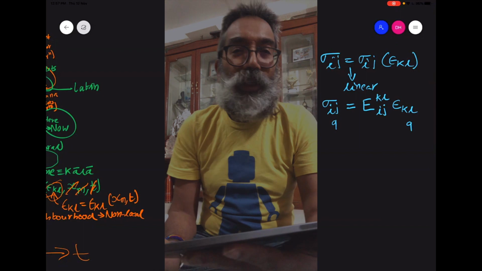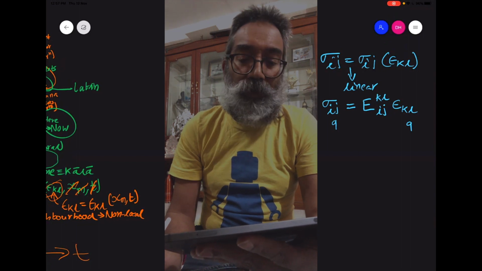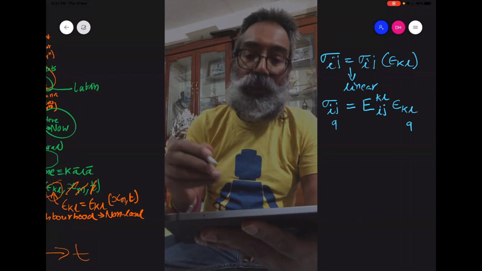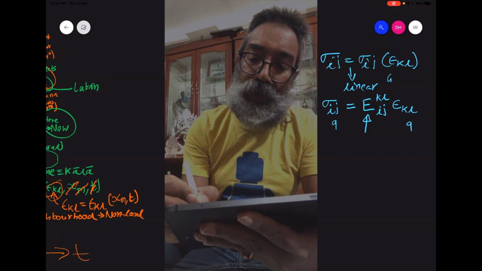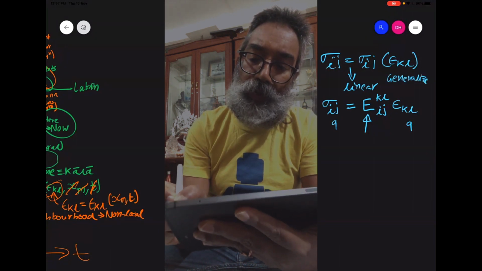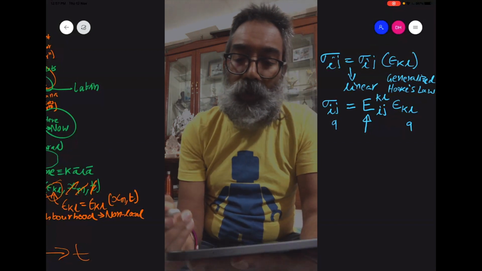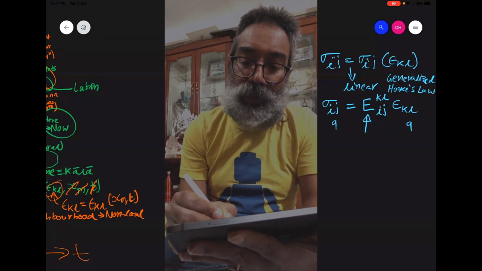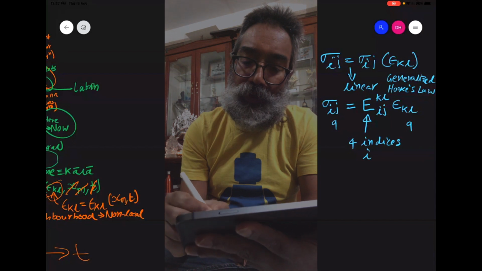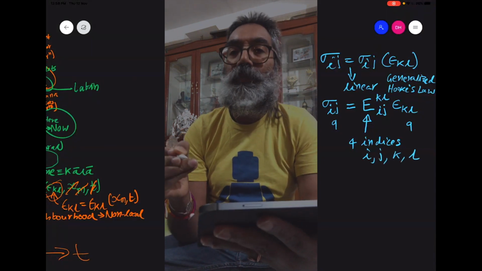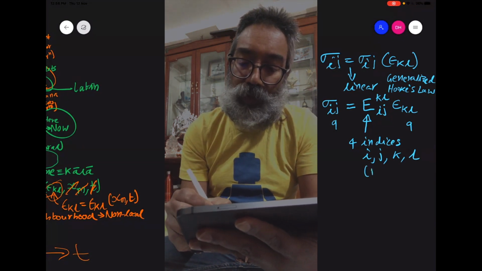Okay, so now there are a few concepts that I'm trying to introduce over here. Now you see that unlike sigma and epsilon, for which 2 subscripts were sufficient, this quantity E that we have introduced, which is basically nothing but a generalized Hooke's law, this particular quantity requires 4 indices, which are I, J, K and L. Okay, and like all other Latin indices, this also has the range 1, 2 and 3.